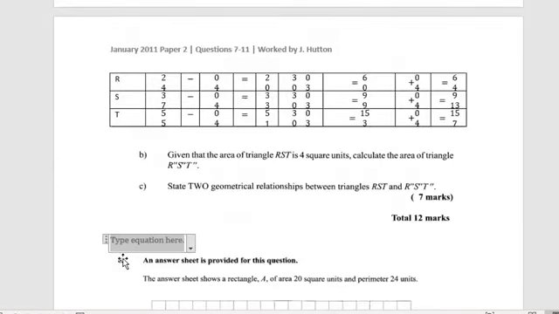So part B now says, given that the area of triangle RST is 4 square units, calculate the area of the new triangle that we had just calculated on the graph. So what we know is that we can do this by finding the ratio of the areas of enlargement, and there are 3 ways. So it will be area of the object to area of the image, and basically there are 3 different methods we can use to calculate this.